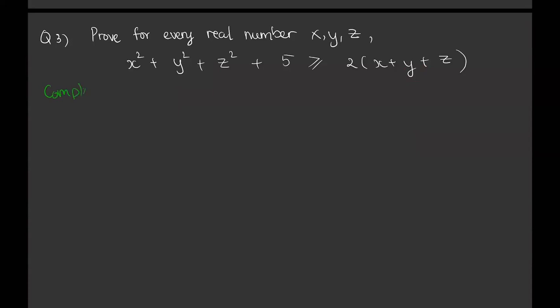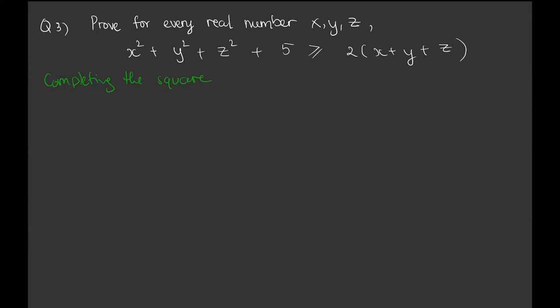The strategy I would take here is completing the square. And whatever I do here is rough work. In your proof, it has to be in reverse order.